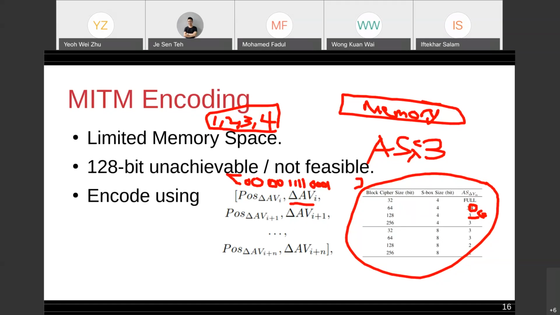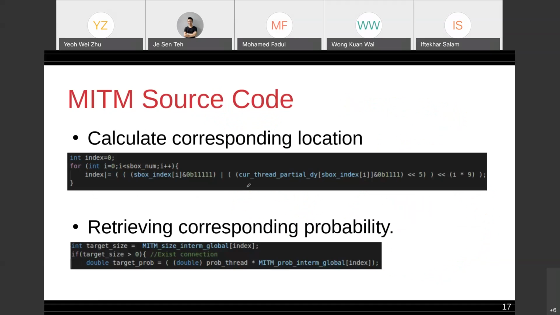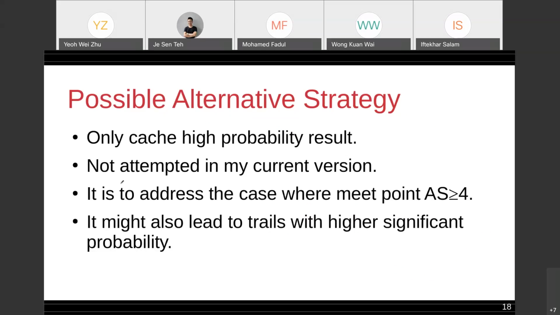So let me go to the code that represents it. I call up the code because it's quite short and it can be presented here as well. Here we have the index. Index here refers to how we're going to index into the memory. So we have a memory, and this is our index.